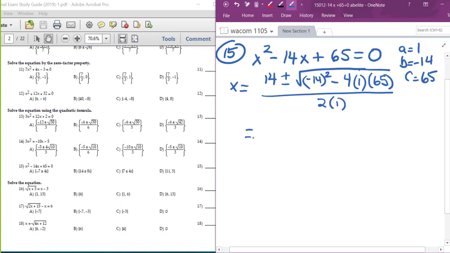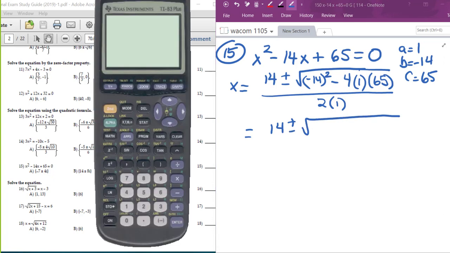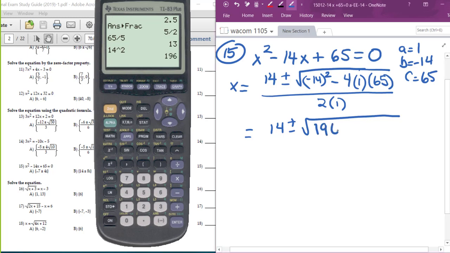Right? And then we'll clean up under the radical. Right, -14 squared. And the negative is not going to matter because it's squared. This gives us 196 minus, and we have 4 times 65, 260.